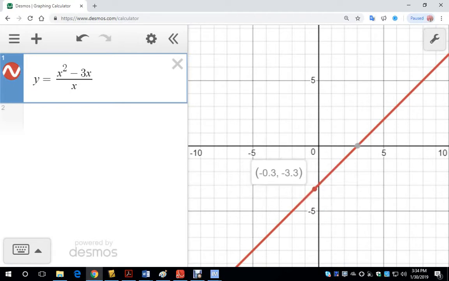When x approaches 0, we have a hole in our graph again. So we come to the conclusion that when x equals 0, our function is going to be undefined, but when x approaches 0, then we have negative 3. Our y would approach negative 3, I should say.